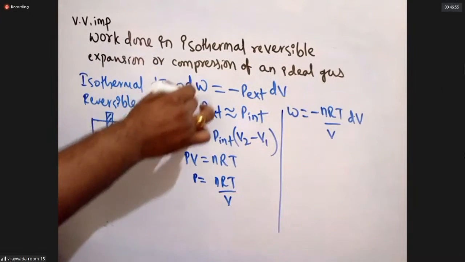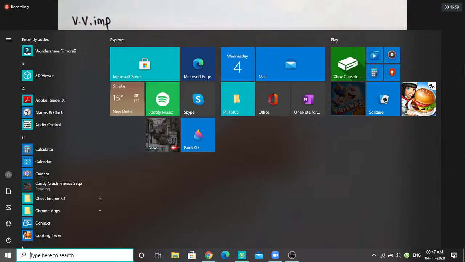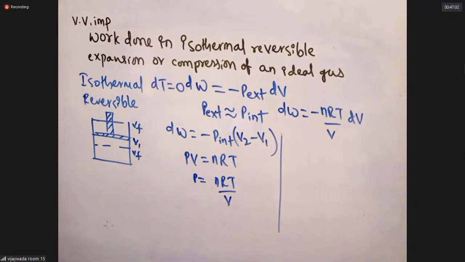So you can write here dW, change in... Students completed? Okay.